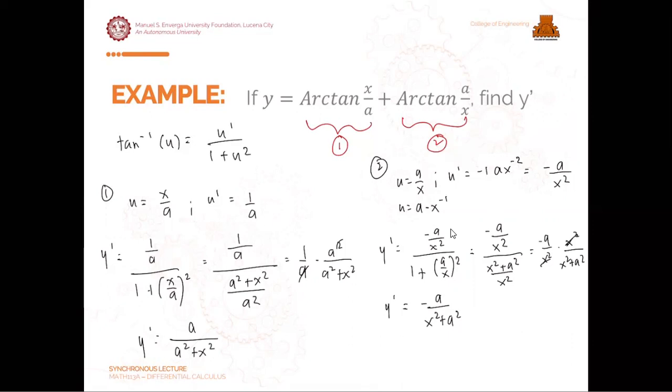So ngayon, mangyayari is yung y prime natin, no? So this will be a over a squared plus x squared minus a over x squared plus a squared. So mapapansin nyo, sa denominator nag-interchange lang yung arrangement ng term natin, pero the same siya, no?